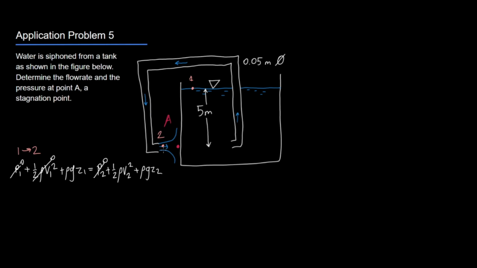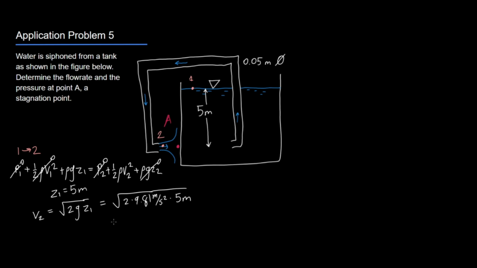And then we're going to set our datum here at Z2. So the height of point 1 is just 5, so Z1 is equal to 5 meters. And then we can solve for V2. So V2 is equal to square root of 2gZ1. That turns out to be the square root of 2 times 9.81 meters per second squared times 5 meters.